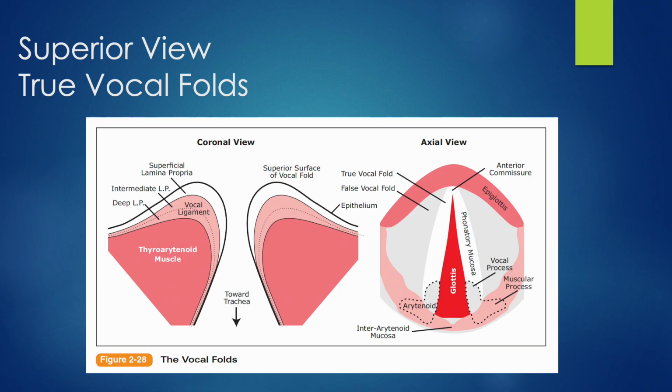The next thing I'd like to show you here, with this axial view of the vocal folds, remember you've got two thyroarytenoideus muscles. So in blue, you've got your thyrovocalis, and that's the deepest layer of the vocal folds, right? That gives the vocal folds their stiffness.